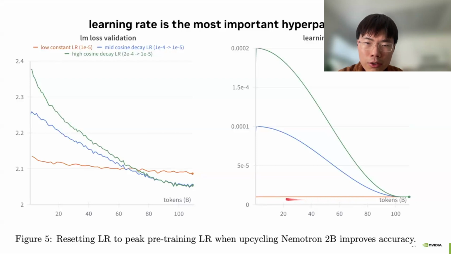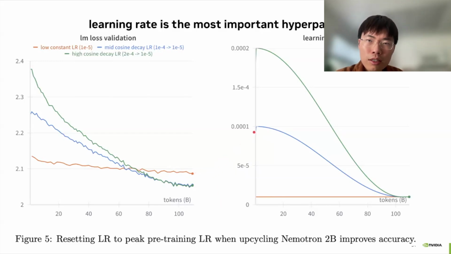This small orange learning rate is the minimum learning rate from pre-training. This is also how we did continued training, because it's a smooth transition. The loss will stay relatively similar to pre-training, and you just keep improving the model.